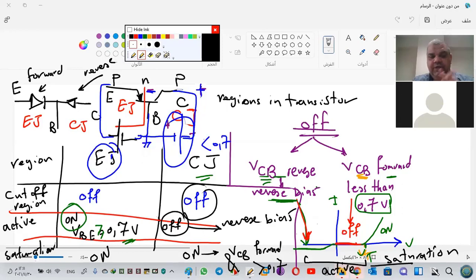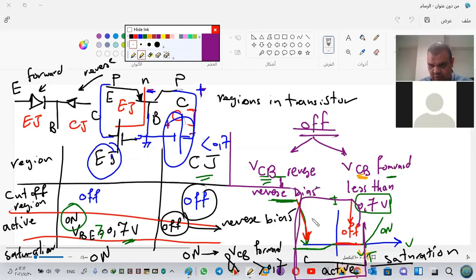So repeat. For a transistor, we have three regions based on the emitter junction and collector junction. If the emitter junction is off, that means the transistor doesn't work from the beginning. For the active region, the emitter junction is on but the collector junction is off. Off means two things: reverse bias, or forward bias but less than 0.7. Every time, put this in your eyes and repeat this video many times.